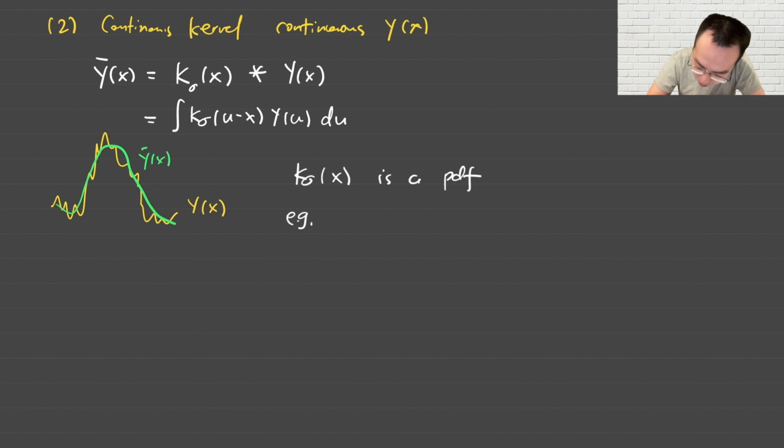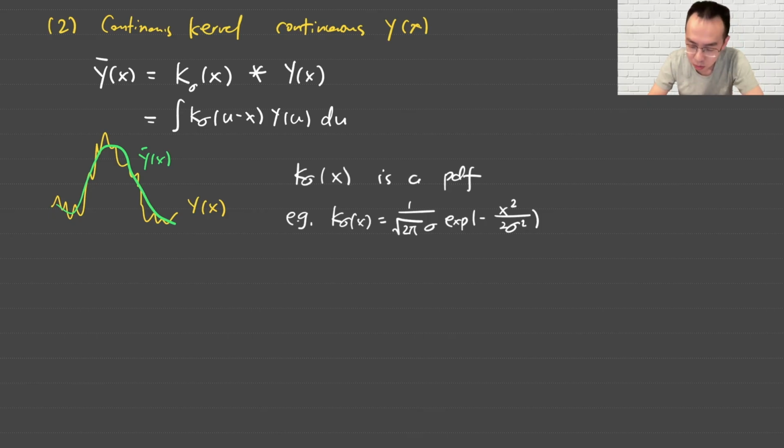So k sigma of x equals 1 over the square root of 2 pi sigma, times exponential of minus x squared over 2 sigma squared. That is a common choice we use to do the weighted local averaging of a function. This sigma parameter here is very important. Sigma is called the bandwidth.